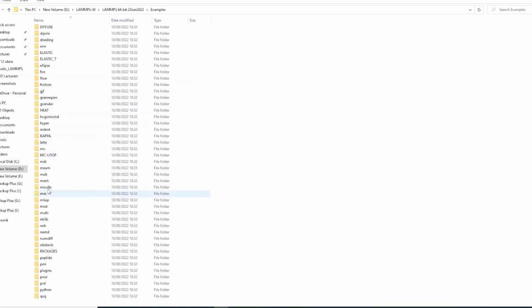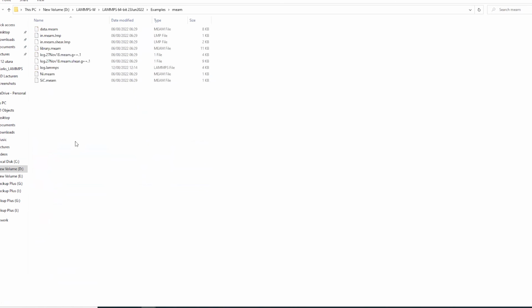So basically, suppose you are there in the example folder and you are talking about MEAM. Go to that folder. Now right click and select any console here.